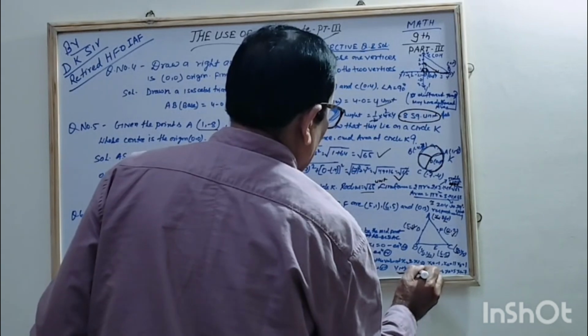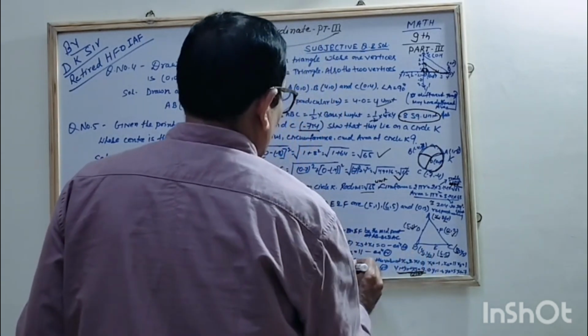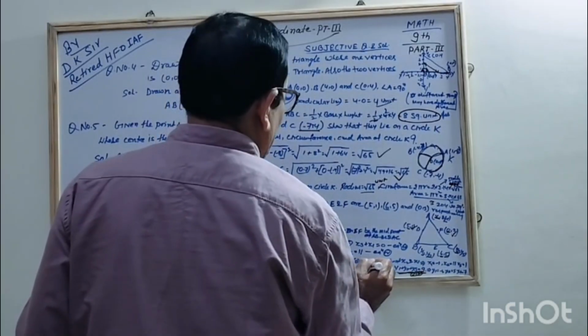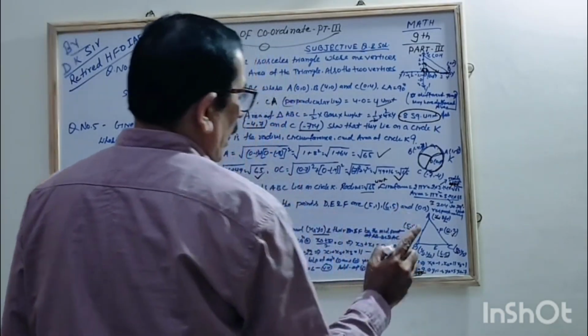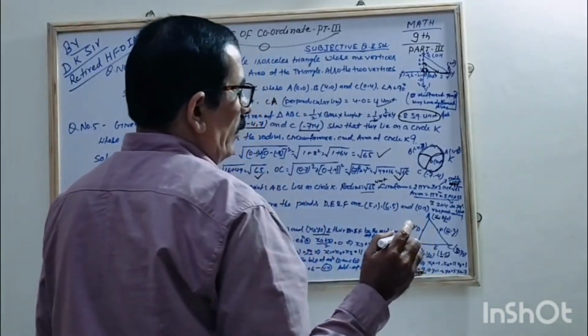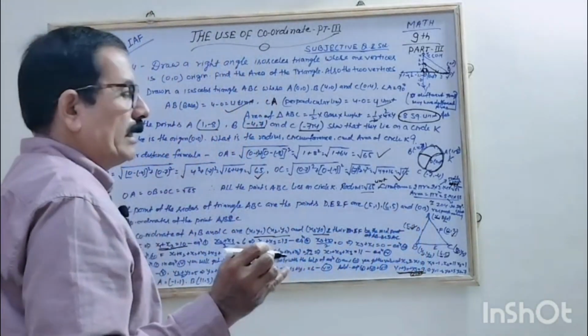Put the values from equations 5, 6 and 7 one by one in equation number 8, and you will get the values of y1, y2 and y3.